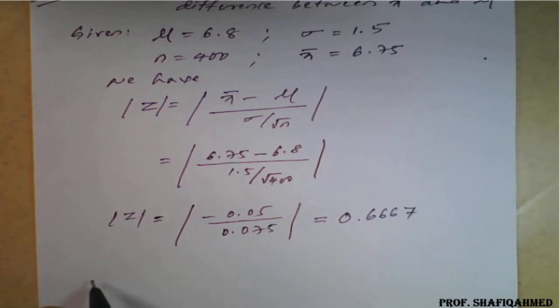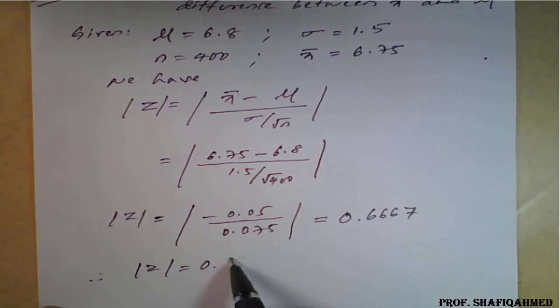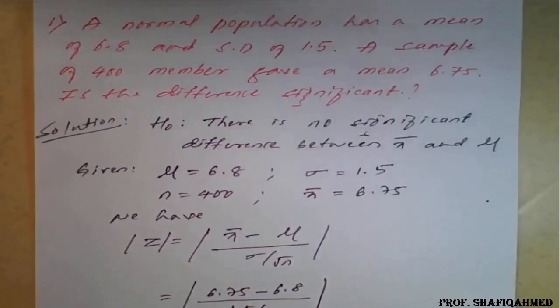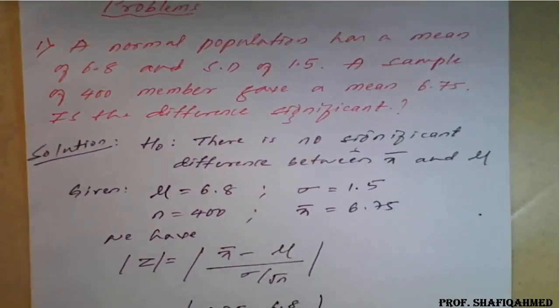Therefore mod z is equal to 0.6667. In the question there is no instruction to test for 5% or 1%, so we'll test for both.